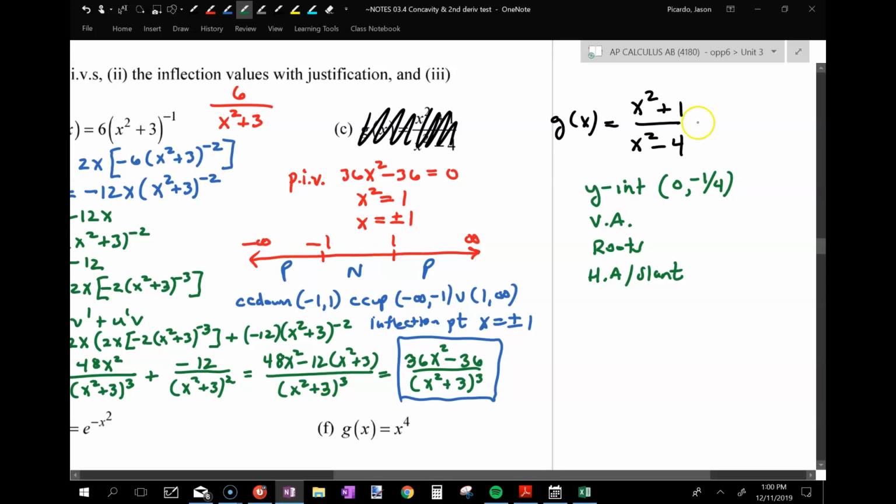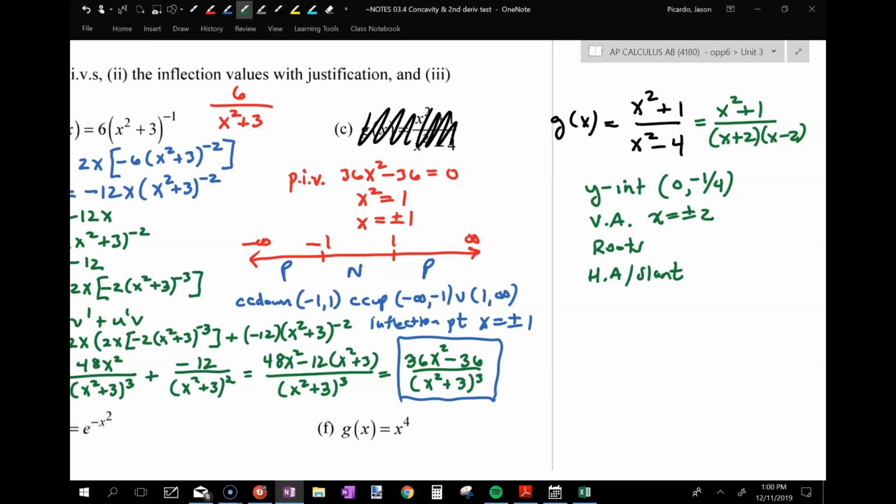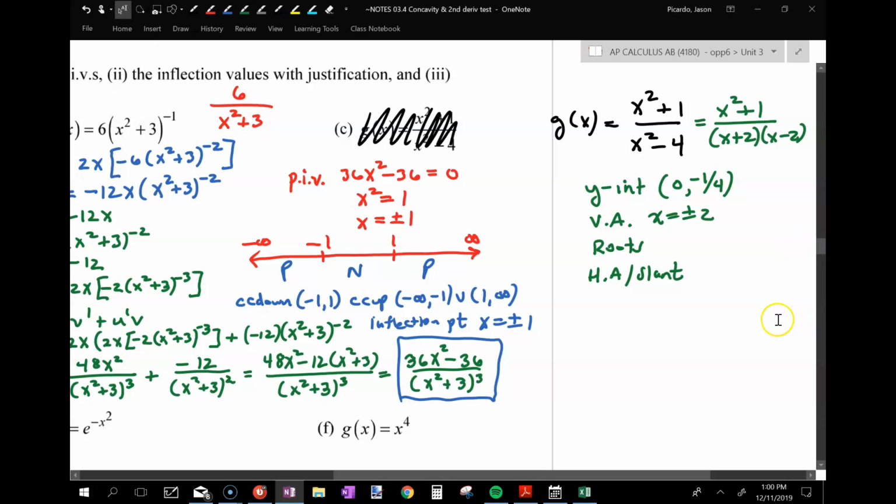So would you agree that were I to factor this, I'd have vertical asymptotes at positive and negative 2? Would you agree that there are no roots? And why are there no roots? Because the numerator can't ever equal 0, can it? There's no way x squared plus 1 will be 0. So there are none.